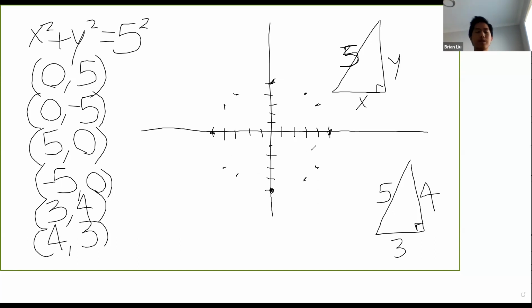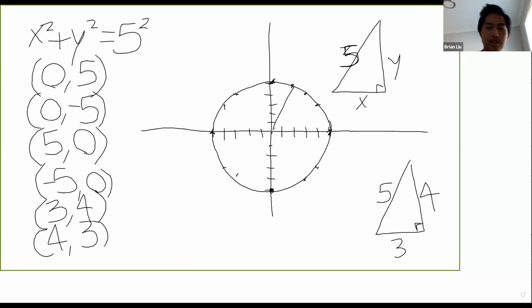So we can probably guess what it's going to turn out to be, right? It's going to be a circle. And all these points here satisfy the fact that their distance to the origin, to 0, 0, is always 5. x, y being 0, 0 is called the origin.